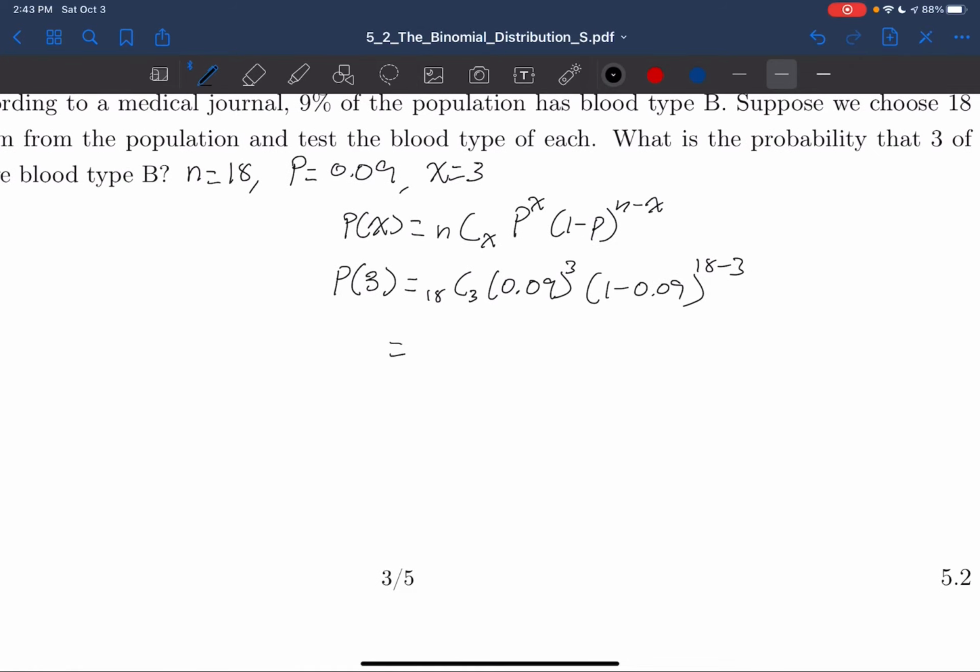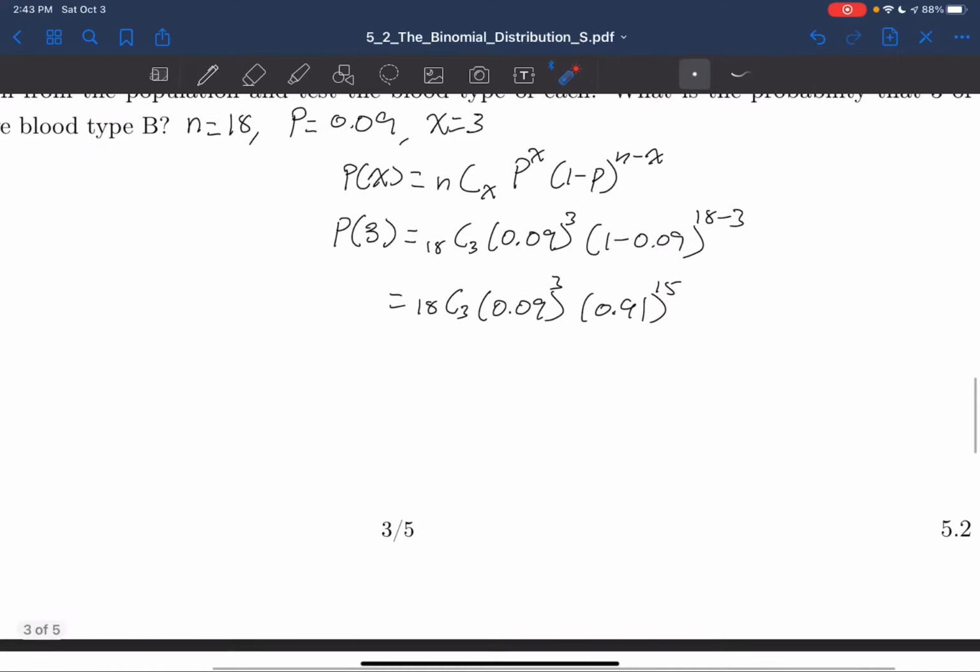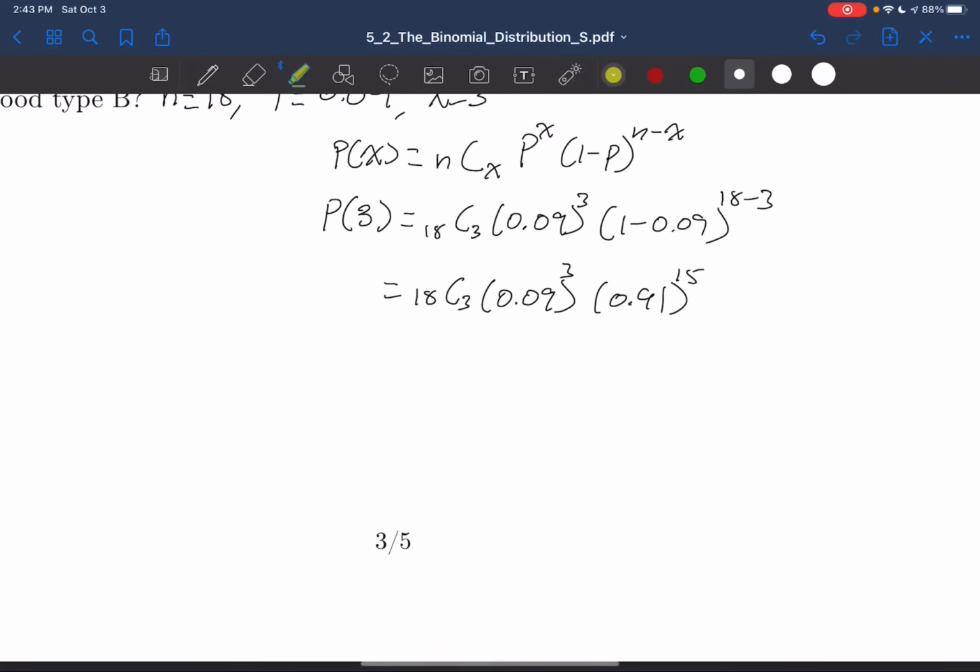So this will be equal to 18 choose 3 times 0.09 to the power of 3 times 0.91 to the power of 15, because 18 minus 3 is just 15. Now, 18 choose 3, we already know how to compute from section 4.4.